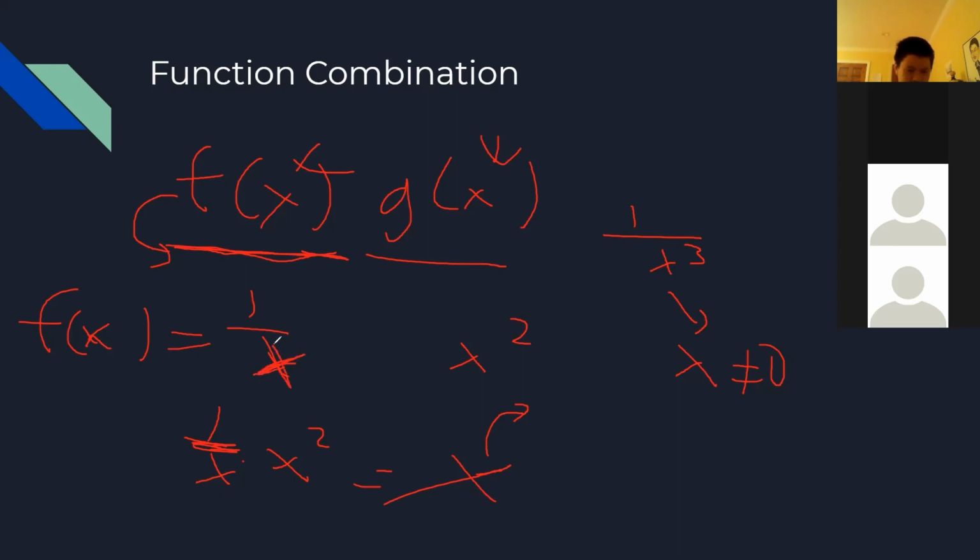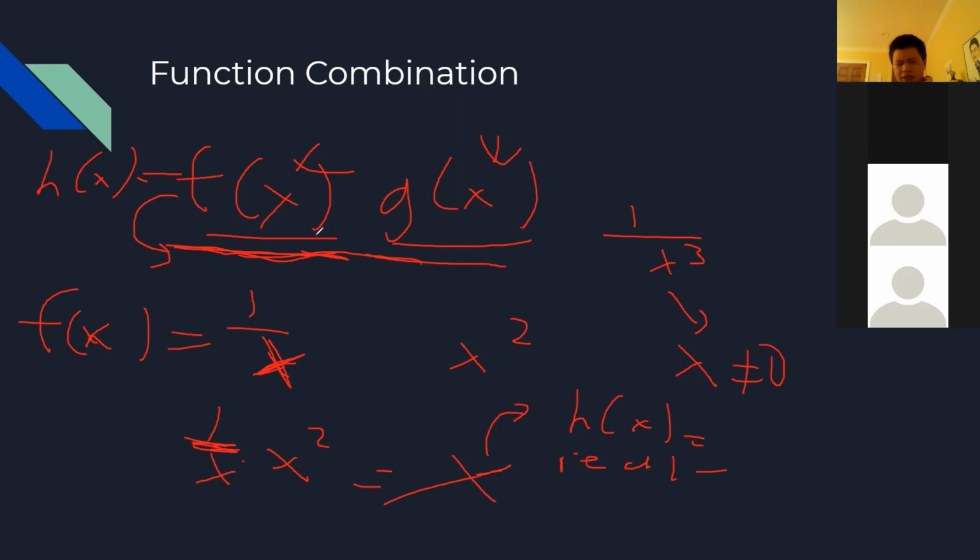input of 0. So when you combine functions, if we say this is h(x), then the domain of h(x) would be real numbers minus anything that's excluded from these two functions.